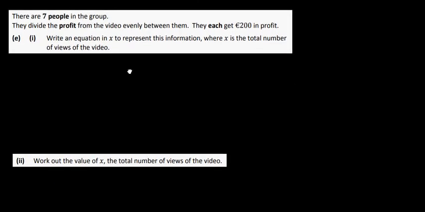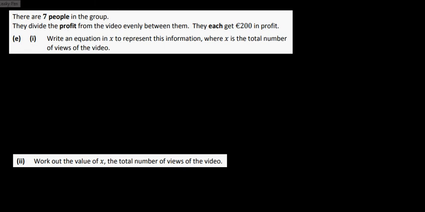Okay, next one. There are 7 people in the group. They divide the profit from the video evenly between them. They get 200 euros in profit. Write an equation in x to represent this information, where x is the total number of views of the video. Well, we worked out the profit to be 0.0015x minus 70. They divide that by 7.